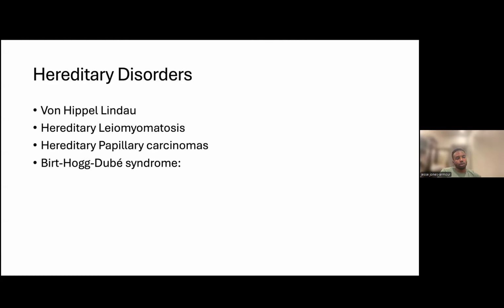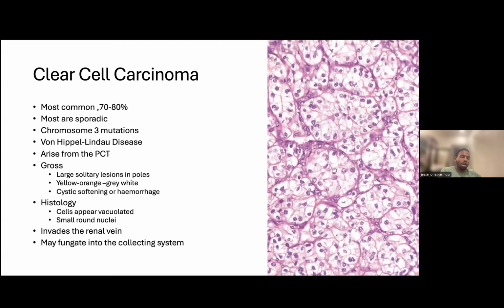You have it associated as well with hereditary leiomyomatosis, hereditary papillary carcinomas, as well as Birt-Hogg-Dubé syndrome. And with the VHL, what most commonly happens is that it affects the hypoxia-inducible factor, which then increases the VEGF, which then feeds the tumors, which makes them grow larger as well as become more vascular.